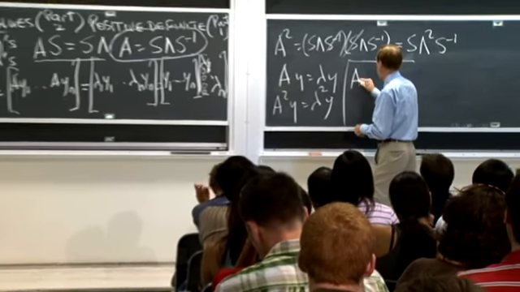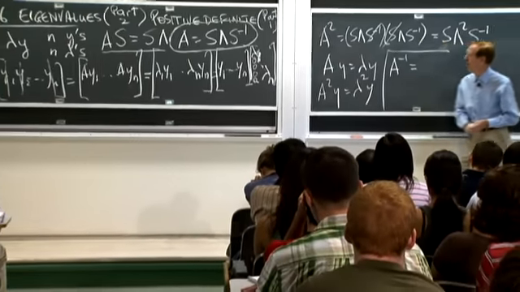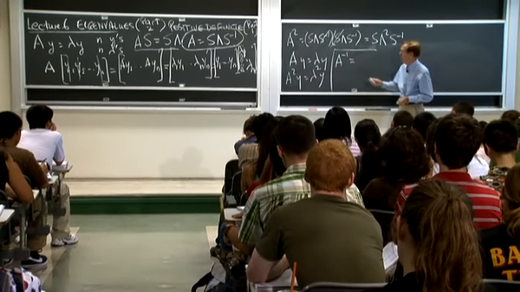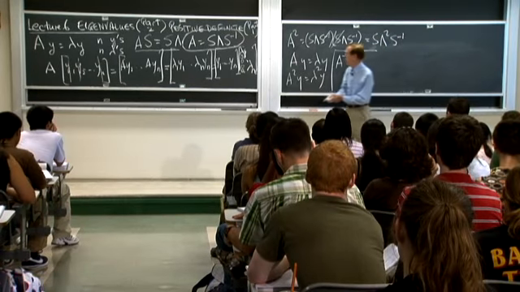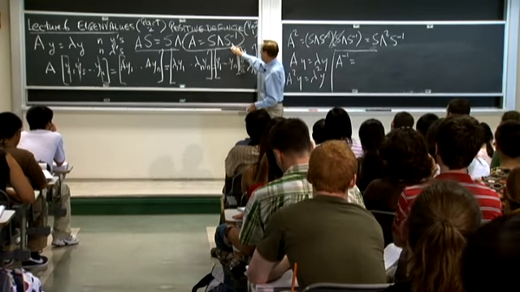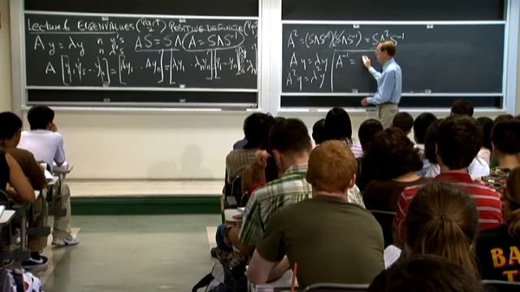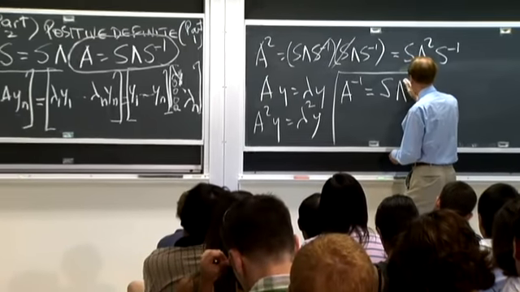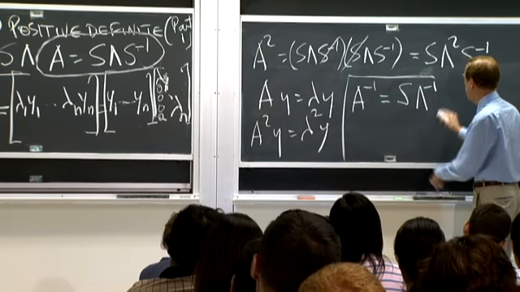What would the inverse be if I have three things in a row multiplied together? I'm going to take the inverses in the opposite order, right? So the inverse of that will come first. So what's that? Just S. The lambda in the middle gets inverted, and then the S at the left, its inverse comes at the right.